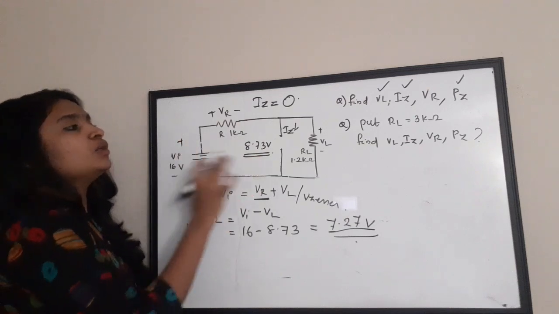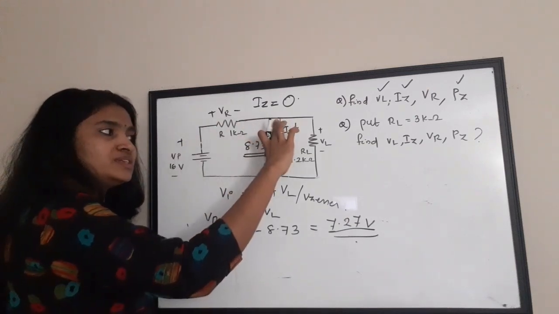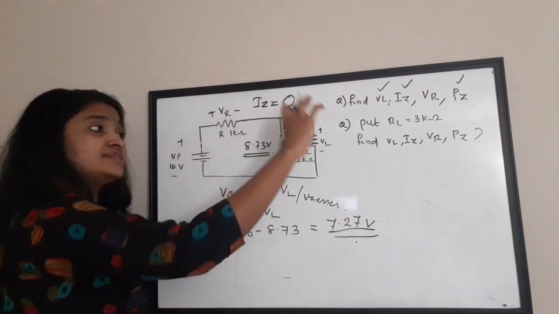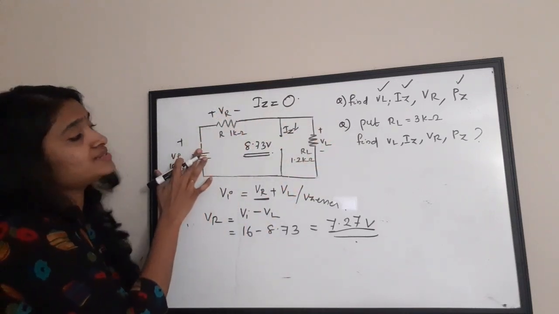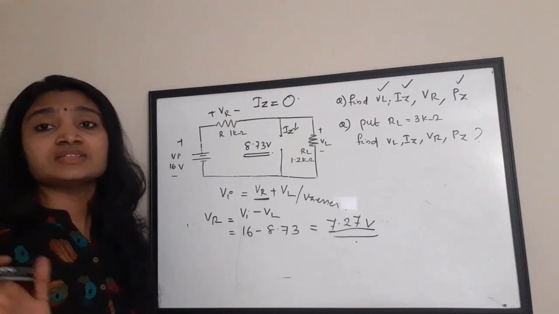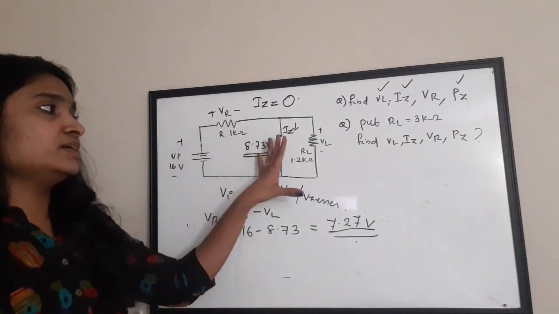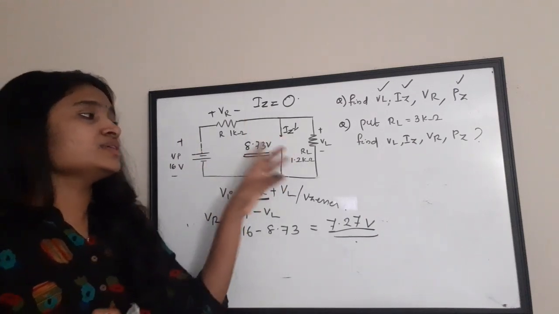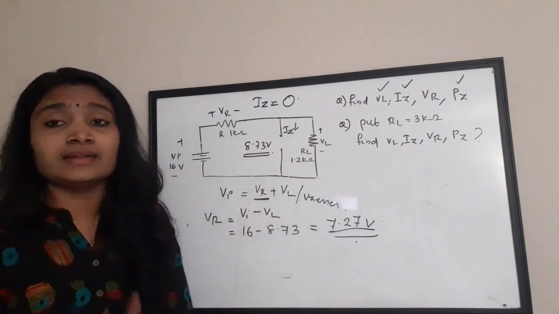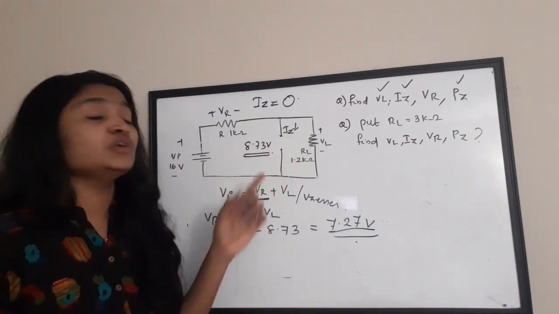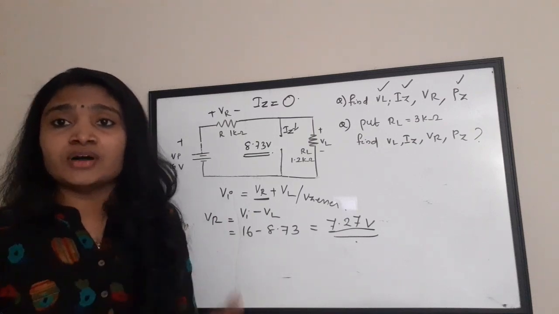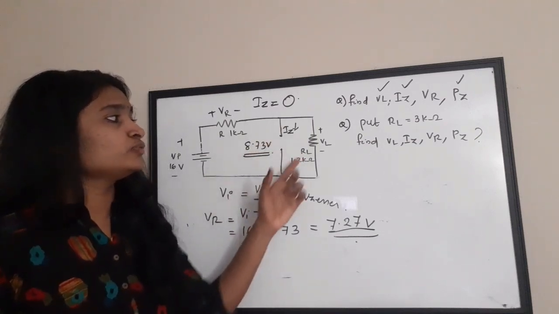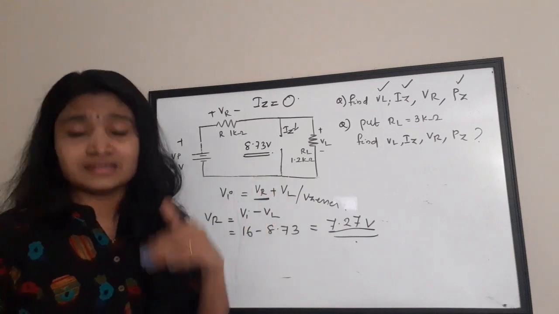7.27 is the voltage coming across this resistor. That is, out of this 16, 8.73 is coming across this, which is same as this because they are in parallel. The rest of the voltage is coming across this series resistor. Okay, so this is a very simple question. We need to find whether this diode is conducting or not conducting. For that, we have been given the value of VZ or the threshold voltage of the Zener. But when we found the voltage coming across the Zener, it is less than the threshold.